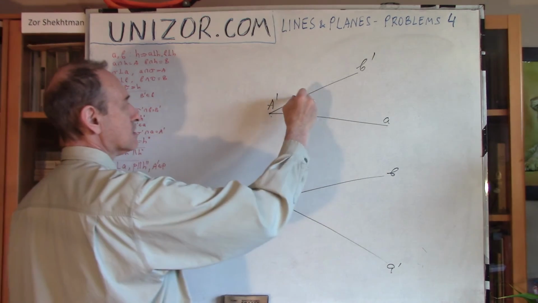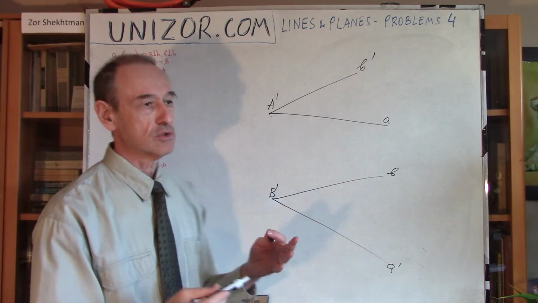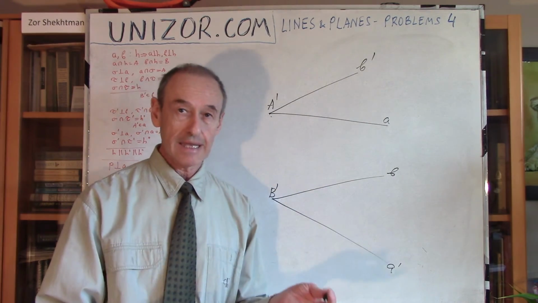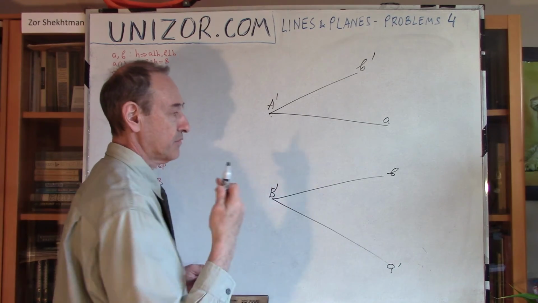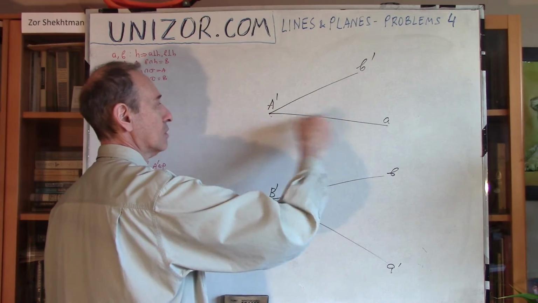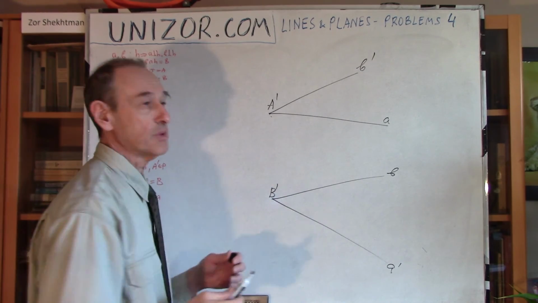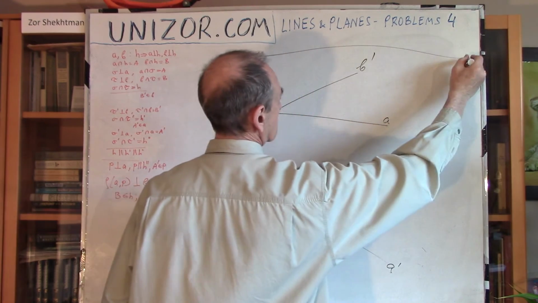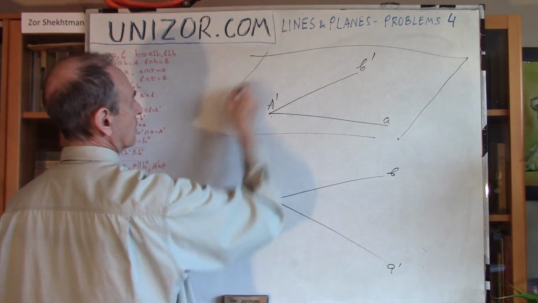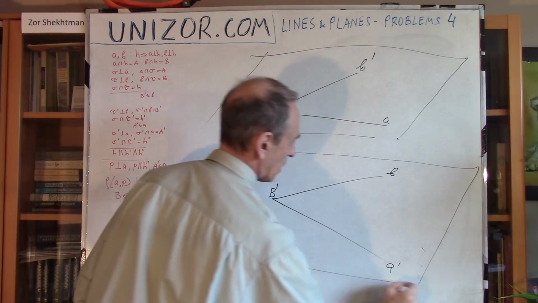Now, these two lines and these two lines constitute planes. You can consider that these two lines define one plane and these two lines define another plane. What's important is that these two planes are parallel to each other. So you can draw something like this: this would be one plane and this would be another plane, and these planes are parallel.